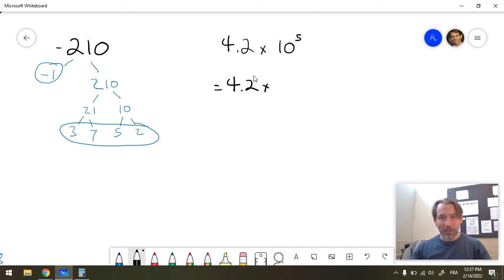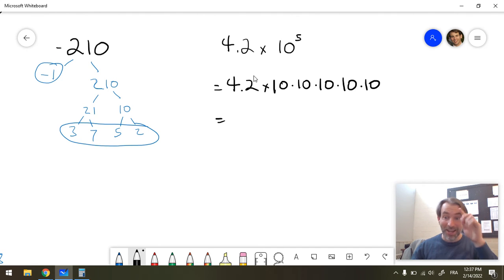Okay, so first I'm going to do this 10 to the 5. So that'll be 10 times 10 times 10 times 10 times 10. Okay, 4.2 times all of those 10s. Well, what are all those 10s? When I'm multiplying 10s, I just add the zeros. 10 times 10 is 100, 2 zeros. 10 times 10 times 10 is 1,000, 3 zeros.